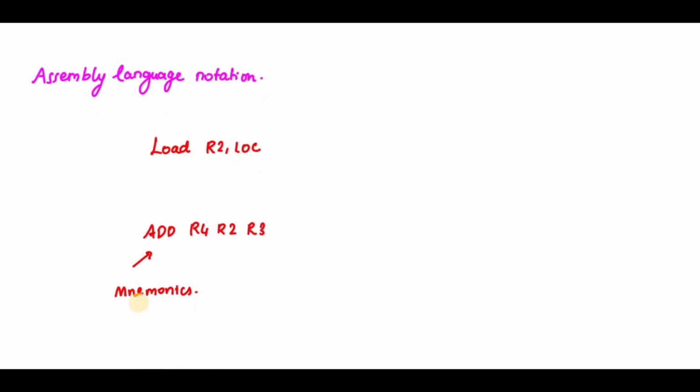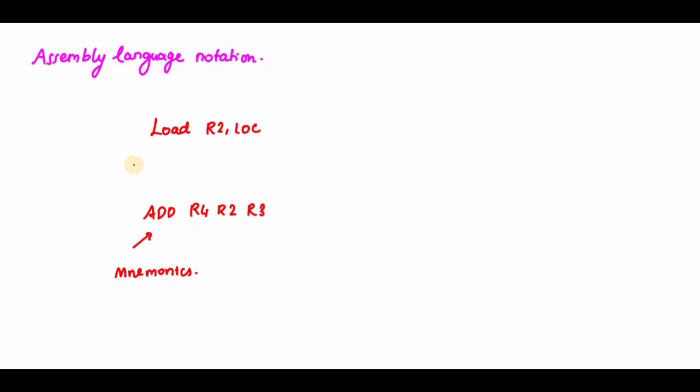Next, we will go for the assembly language notation. Here, as I have already told you, we have to transfer the data that is present in the memory to the processor register. R2 is a processor register, therefore load is called a mnemonic, which is used to transfer the data from the location in the memory to the processor register. Whatever data is present in this location gets transferred to the processor register, that is R2.